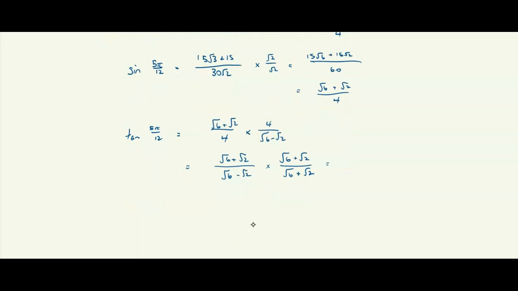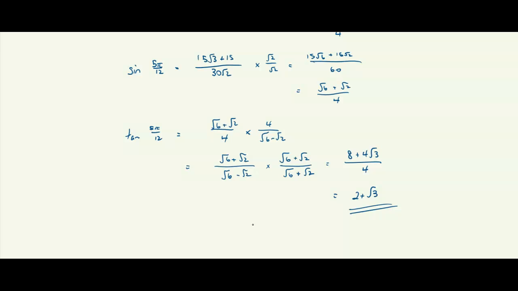To get 6 plus 2, so I'll get 8 plus 2 root 12, and root 12 is 2 root 3, so that'll be 8 plus 4 root 3 over 6 minus 2, which is 4. So I'll end up with 2 plus root 3 as the exact value for tan 5 pi over 12.